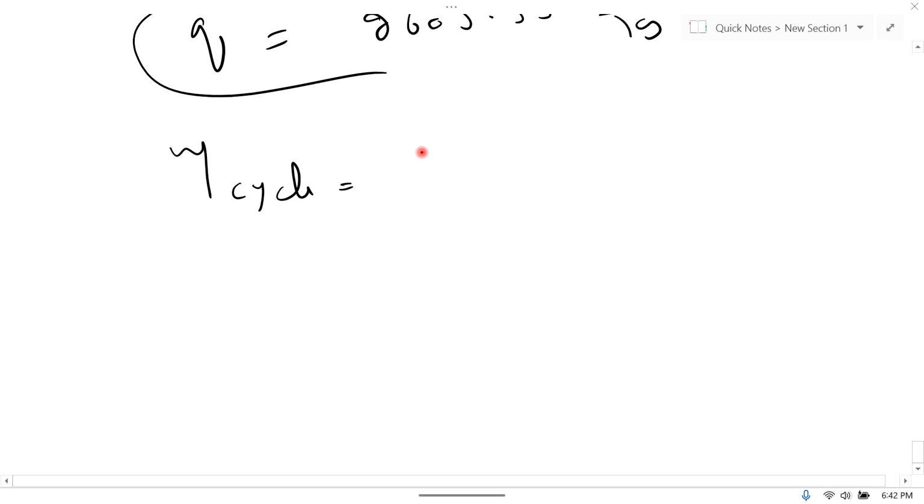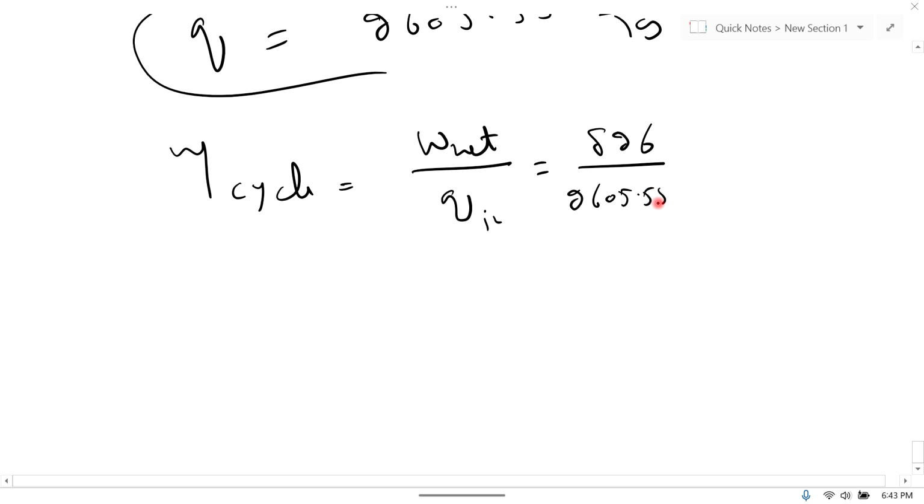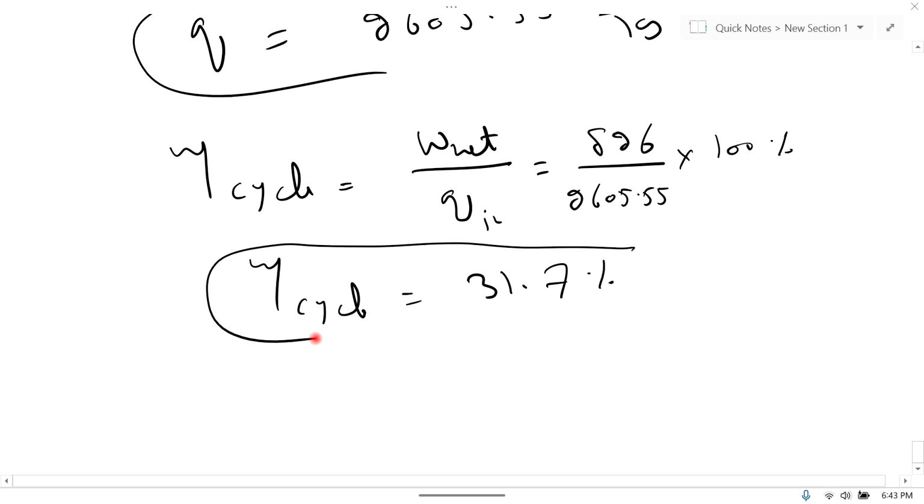Cycle efficiency is net work divided by heat Q in. So net work is 826 divided by Q in, which is 2605.55, and multiply by 100 for percentage. So cycle efficiency is equal to 31.7%.